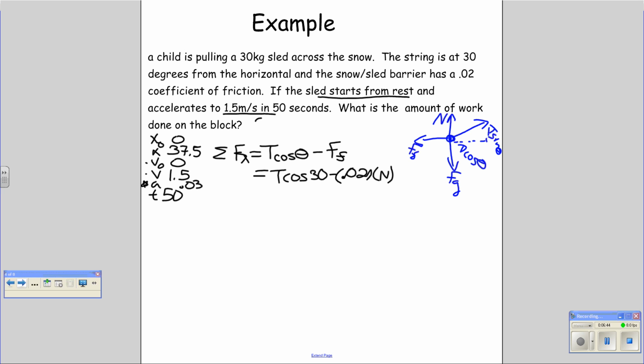Two unknowns. All right, so let's look at the sum of forces in the y.